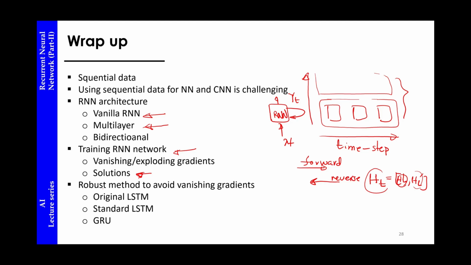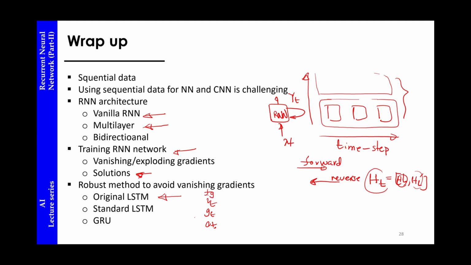And we introduced the original LSTM, which had an input gate, update gate, and output gate. And you remember, the mathematical insight also discussed how using the original LSTM could avoid vanishing and exploding gradients. But the standard architecture of LSTM also has a gate which is called the forget gate.